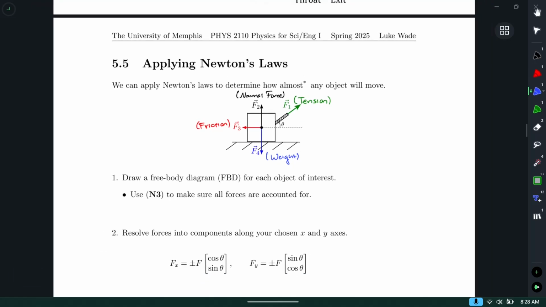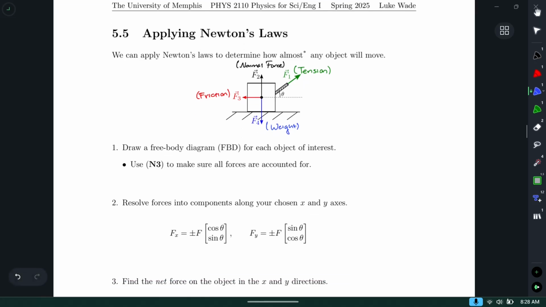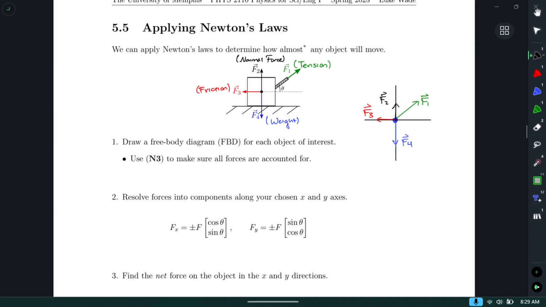So, how we analyze a scenario like this is we start by drawing a free body diagram after we've already drawn some sort of normal picture, but it was given here. And on that free body diagram, I'm going to transfer all my forces. So with this free body diagram, the next step is I need my axes.